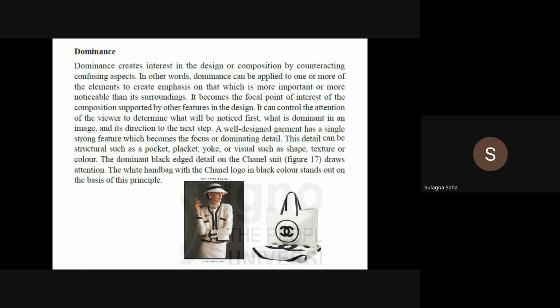For example, in a Chanel suit, the black edged details draw attention, or in a white handbag, the Chanel logo in the dark black color essentially stands out. These are the dominant qualities that advance visually because these are the most noticeable ones.